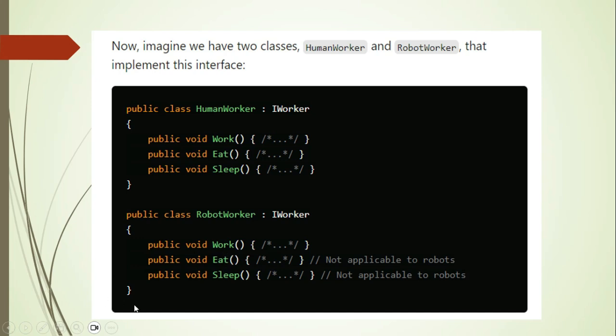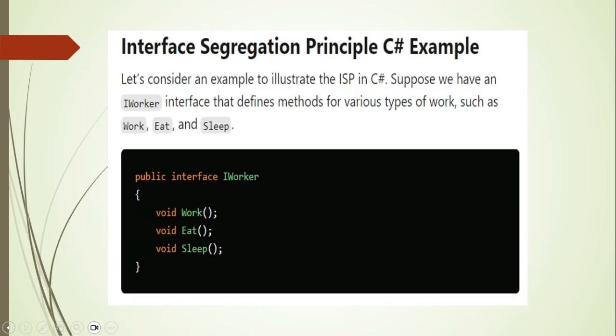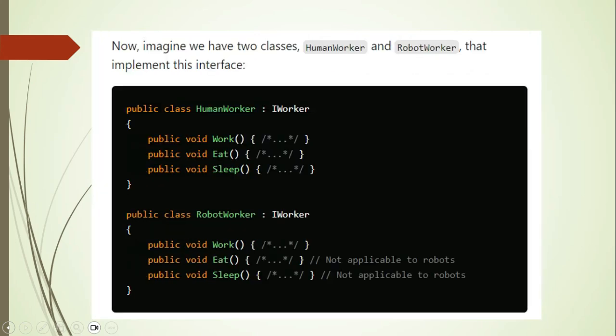So this means a class derived from this interface must have concrete implementations of methods which are not useful to it. So this means we must break down this interface into two or more sub-interfaces.